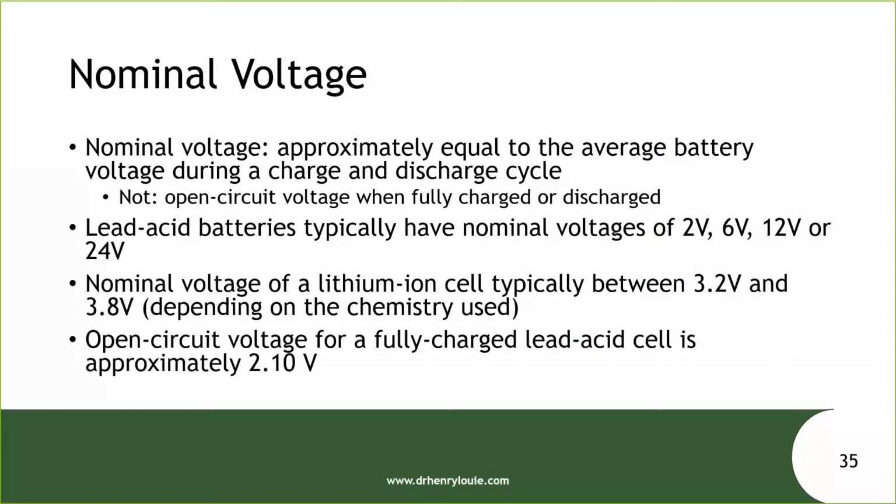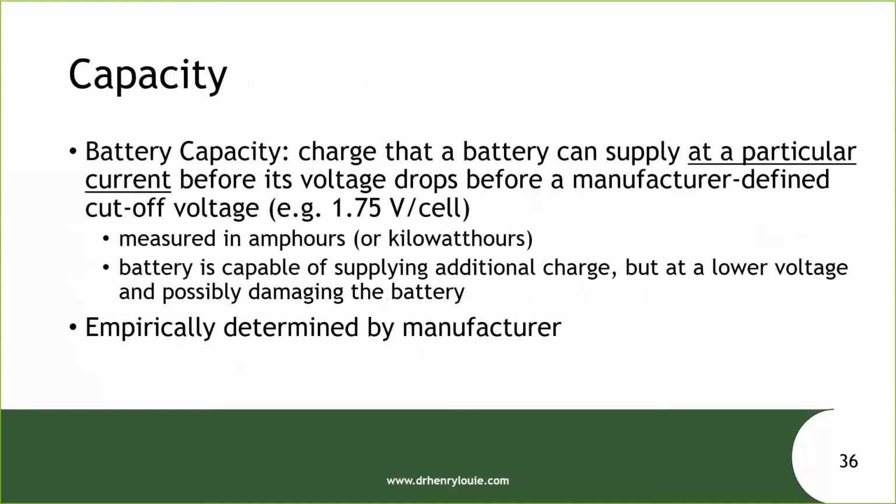A full lead acid battery cell has a voltage of approximately 2.1 volts. So if you have a 12-volt battery, that means you have 6 lead acid cells connected in series. You would expect about 12.6 volts open circuit voltage for a fully charged lead acid battery, and it's going to decrease non-linearly as the state of charge decreases.